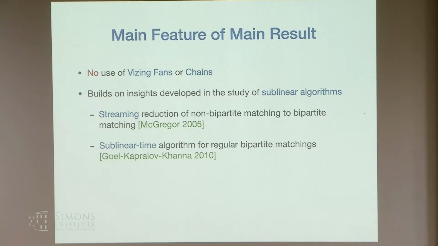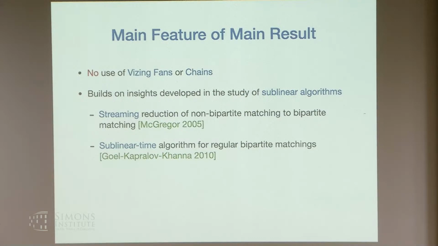Particularly, there are 2 real gems in sublinear algorithms, let's say, among many others. One is this very nice streaming algorithm by Andrew McGregor that shows how you can reduce non-bipartite matching to bipartite matching. And there is this very nice sublinear time algorithm by Goel, Kapralov, and Khanna that shows how you can find a perfect matching in regular bipartite graphs in sublinear time.